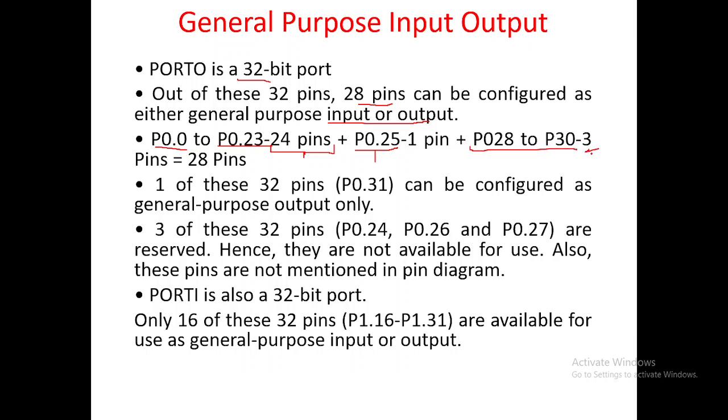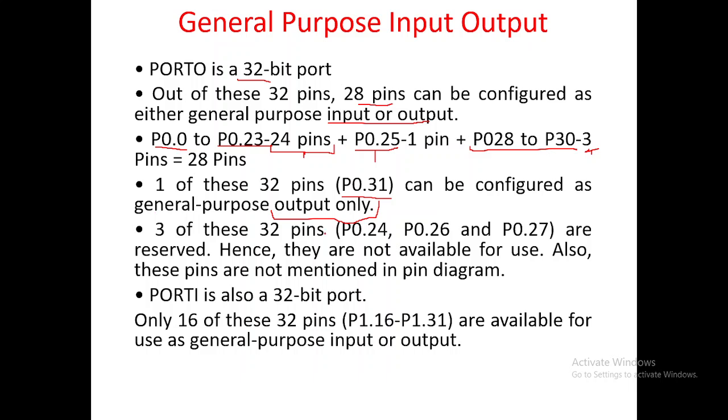So these total 28 pins can be configured as general purpose input output pins. Out of that, pin number 31 of port 0 can be configured as a general purpose output pin only.